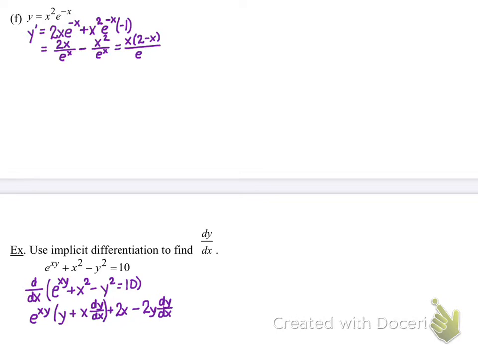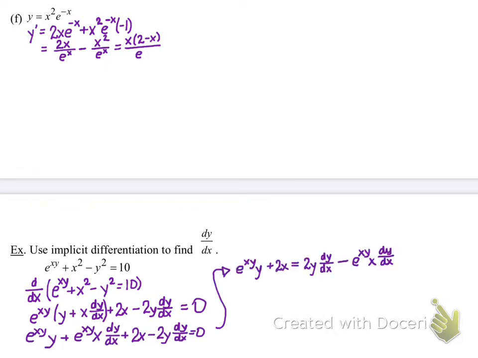The derivative of x squared would just be 2x, and the derivative of y squared would be 2y dy/dx. Oops, and that whole thing equals 0, because the derivative of 10 is 0. Now we get the dy terms on one side and everything else on the other. We're going to factor out a dy/dx so that we can solve for dy/dx. And there we go.